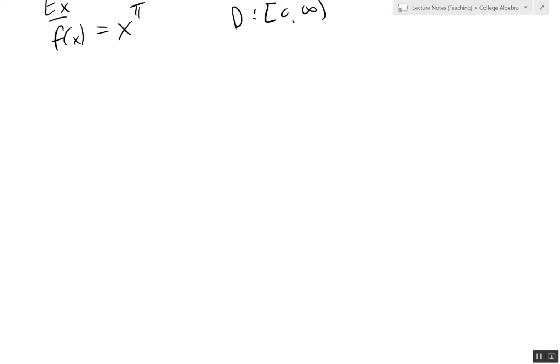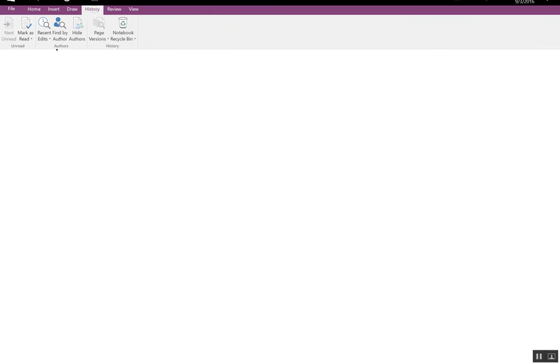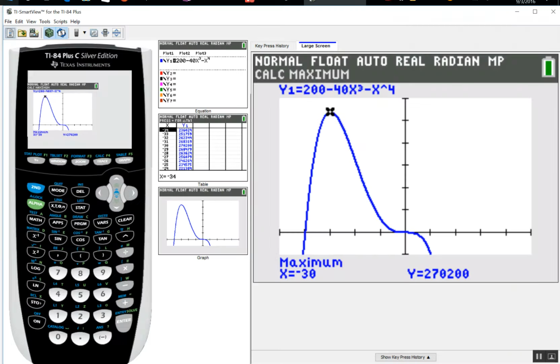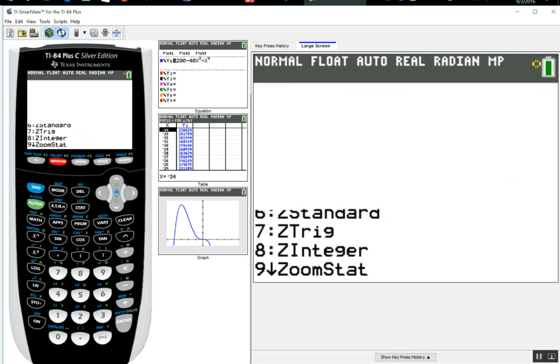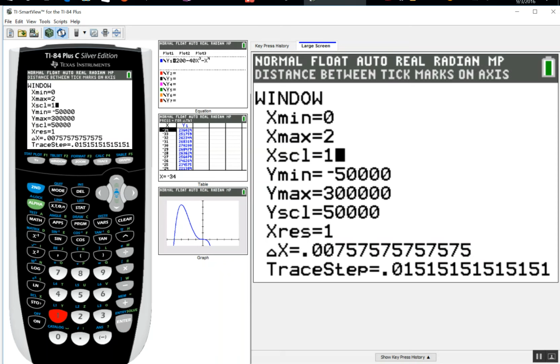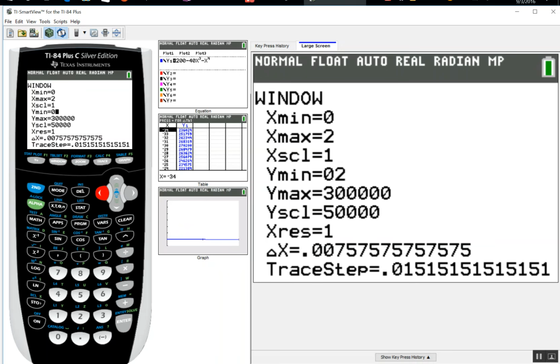So let's turn on the grid now and look at some graphs. Or actually, let's not even look at the graphs. We'll pull up a calculator. Let's change our window to 0 to 2, with the scale 1, and 0 to 2 again with the scale 1, and let's put in our functions.